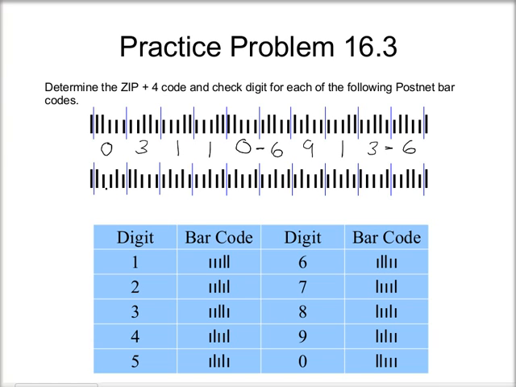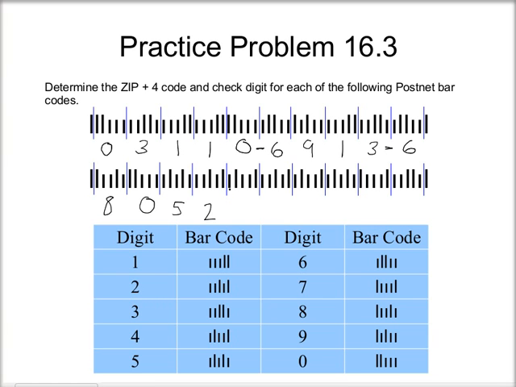I've got long, 2 short, long, 1 short, and that's an 8. 2 longs and 3 shorts. We've seen this before. That's a 0. This one is short, long, short, and that is going to be a 5. 2 shorts, a long, a short, and another long, and that's a 2.